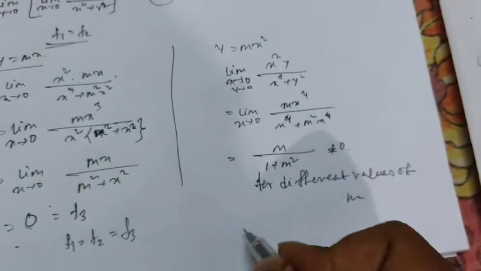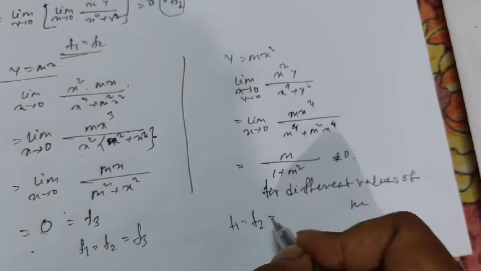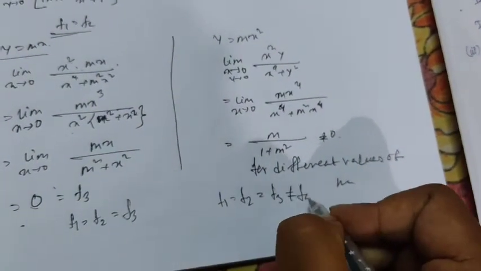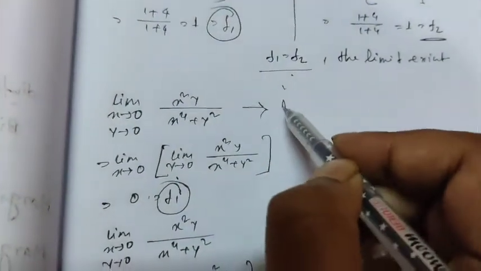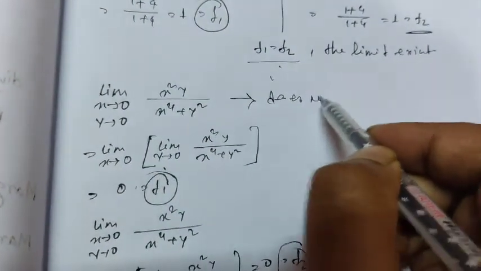So we can say that f1 is equal to f2 is equal to f3 not equal to f4. So the limiting value of this function doesn't exist.